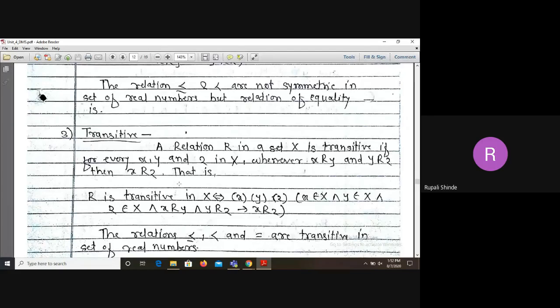So what is remaining? 1 comma 3. So we have to check whether that ordered pair is present in the given relation. If yes, then we can say that the given relation is a transitive relation. Okay. So take note of this, write the definition and one example for the same.